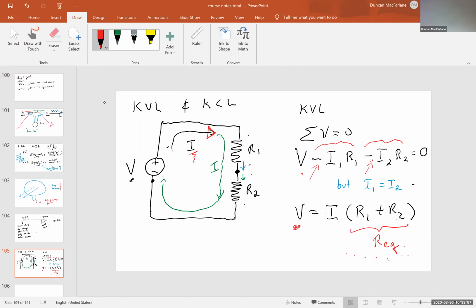Okay, and I agree that can be a little confusing, but I think it's nicer done that way. That way of thinking is done a lot, and it does get you into trouble from time to time. I'm not going to kid you on that. But in this case, what I mean is the voltage drop across the resistors is I times R1 plus R2, and that's equal to the voltage source.